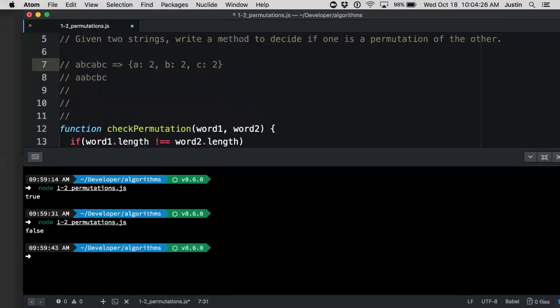Yeah, so let's talk for a second about time complexity. Who thinks they have an understanding of what time complexity is or what it means? Kind of. Okay.